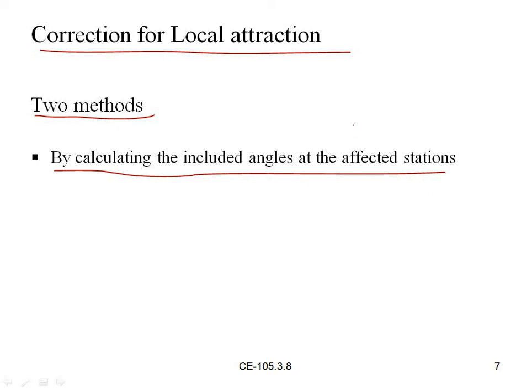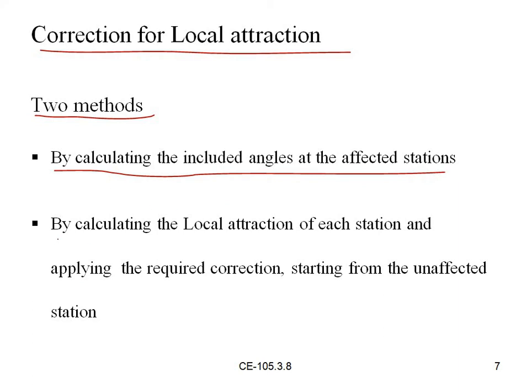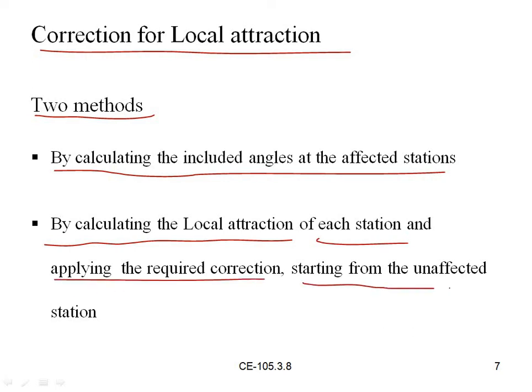So when it is affected only, we have to calculate the included angle method at the station points. Then next, by calculating the local attraction of each station and applying the required correction starting from the unaffected station.